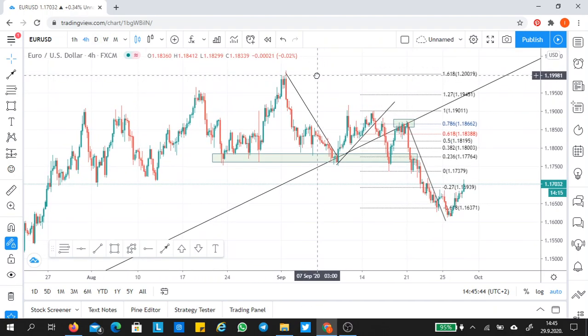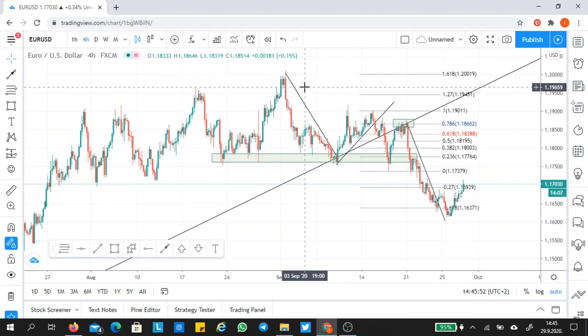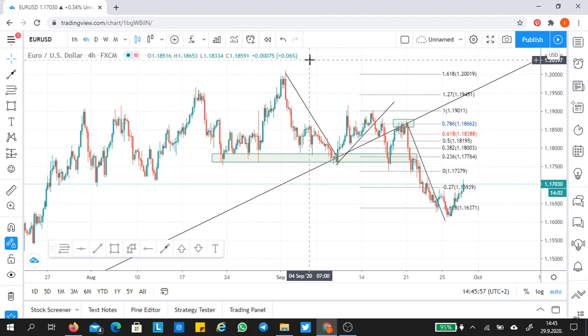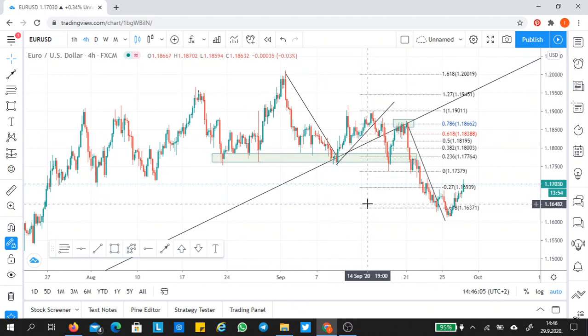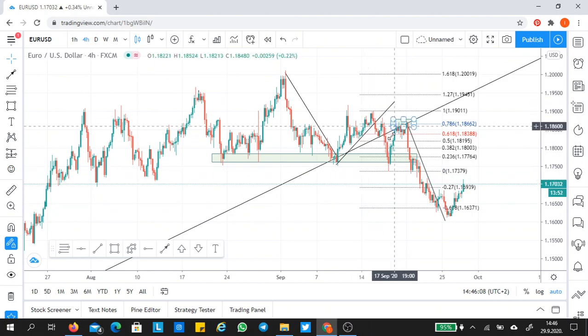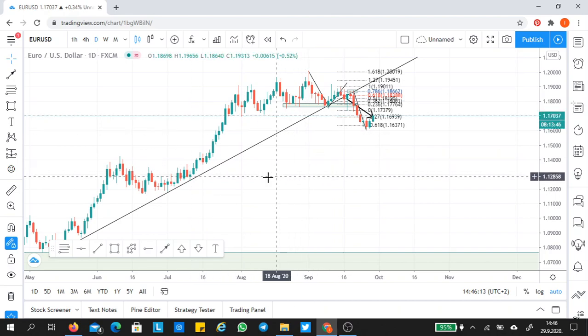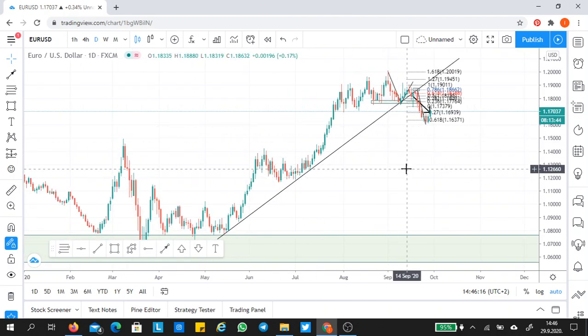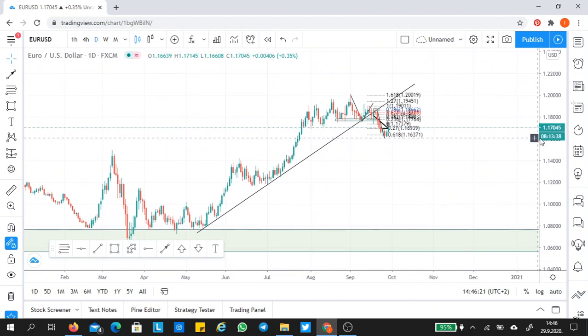So I will not go short, which is against the main trend and the trend on a bigger time scale, and that's why I'm not entering trades here. But I'm also not sure the correction is over, even though these targets were met. This is only the 4-hour chart, so if you look at the daily, there is still space to make a larger pullback to the downside and then to continue up.